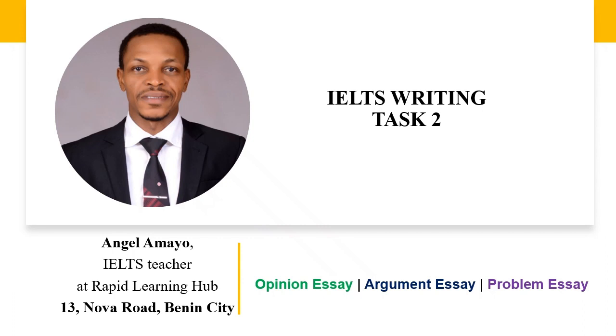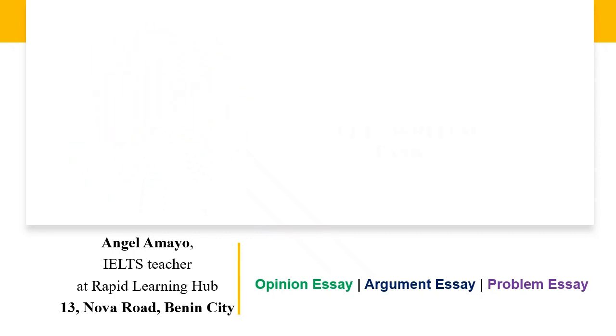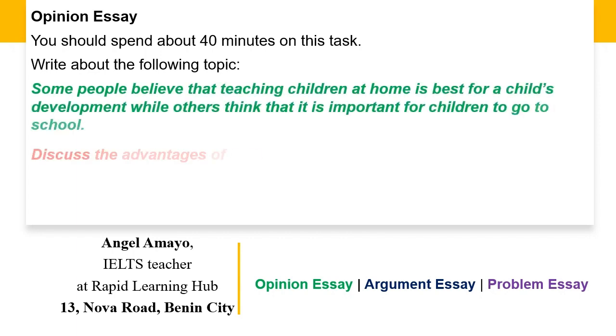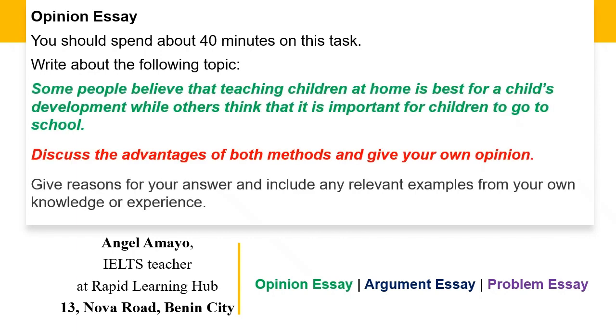Let us begin by taking a look at an example of each of the three essay task types provided by the British Council. Now, on the slide is an example of a task that requires you to write an opinion essay. It says you should spend about 40 minutes on this task. Write about the following topic.